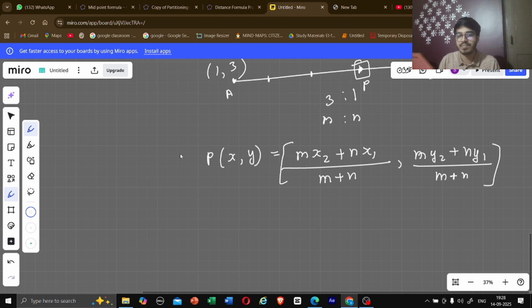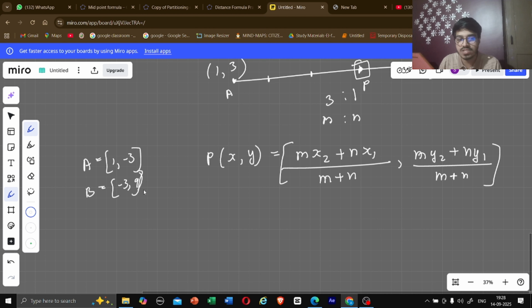We will take an example. Take coordinates of A as 1, -3 and coordinates of B as -3, 9.